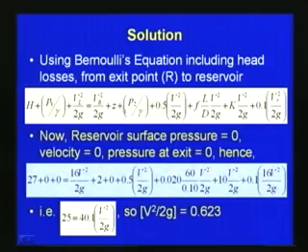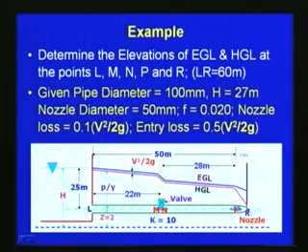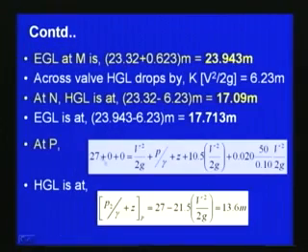And then the last point is P, this is P here. At P we again apply Bernoulli's equation. At the reservoir 27 plus 0 is equal to V square by 2g plus P by gamma plus Z plus 10.5 V square by 2g, including the entry loss and the valve loss, plus 0.020 times 50, which is the total length, V square by 0.1 2g.